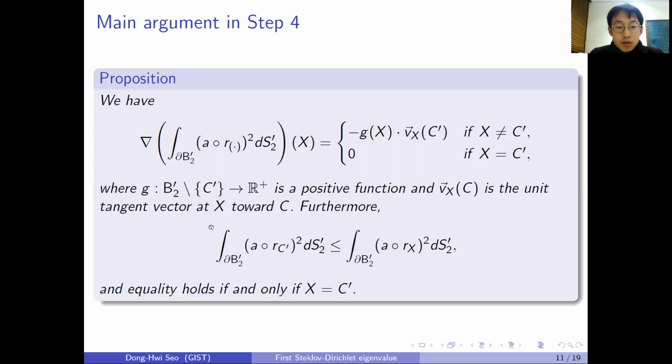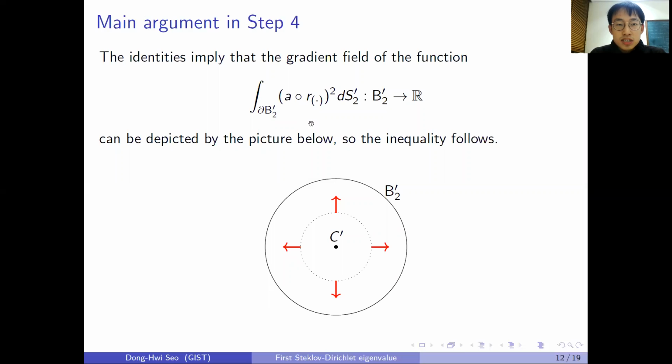And the following inequality is about the minimum point of this function, and this says that C prime, the center of the outer ball, is the minimum point of our function. And this inequality follows from our computation of the gradient, because using the identity, our gradient field is depicted as in the picture.